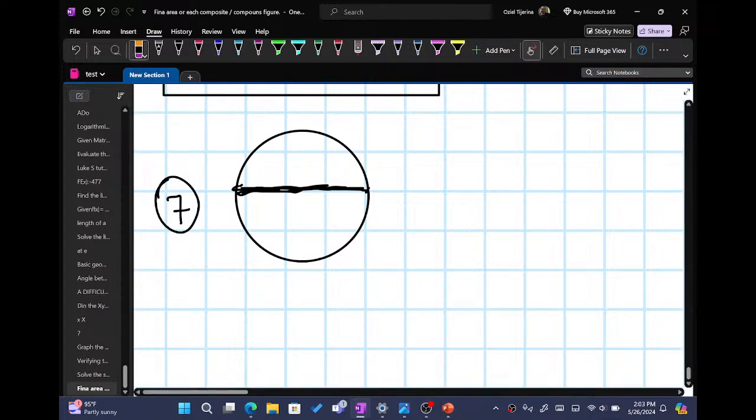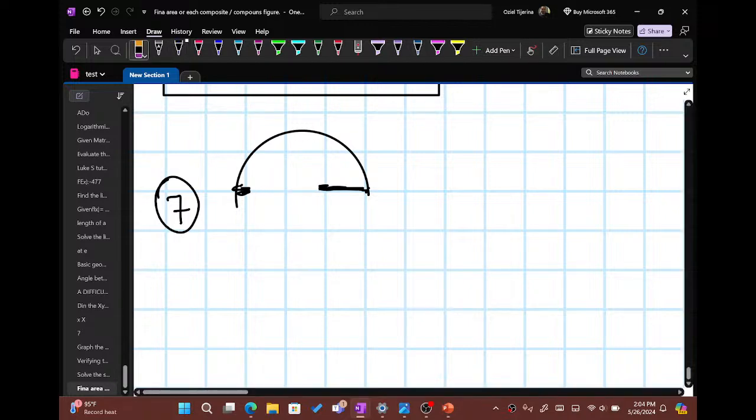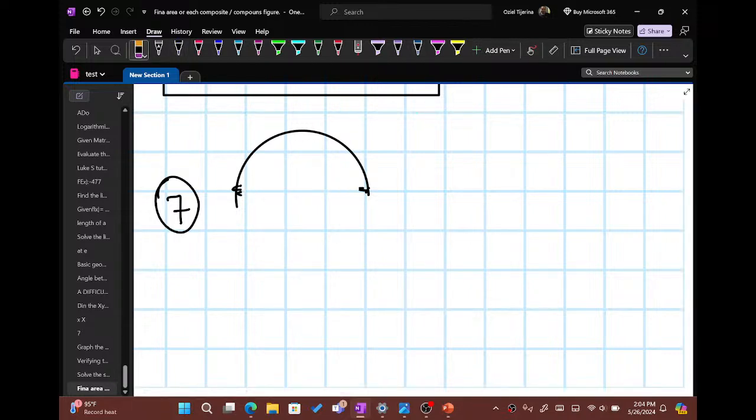And then, alright, gives me something like this. Again, it's not drawn to scale. What I'm going to do is this. And then it gives me like this, sorry guys, hold on.